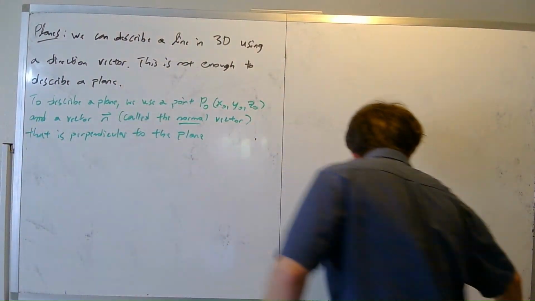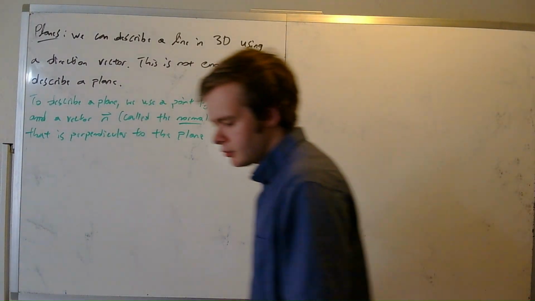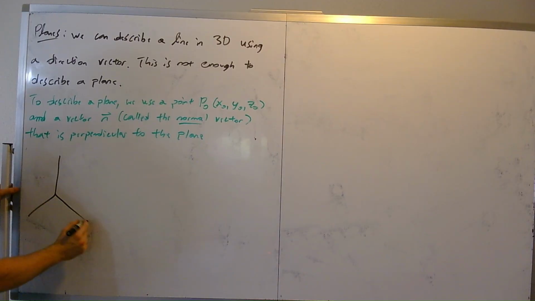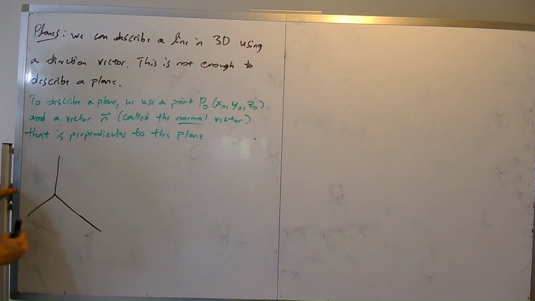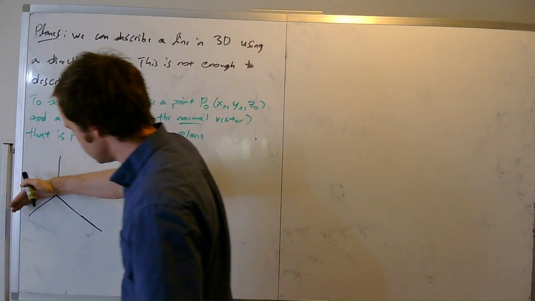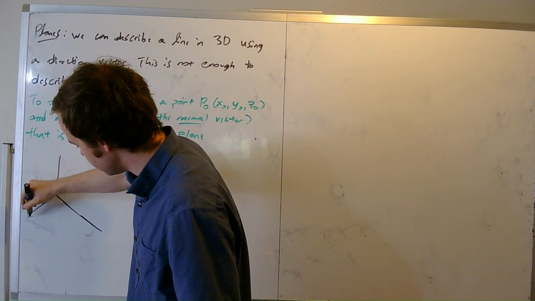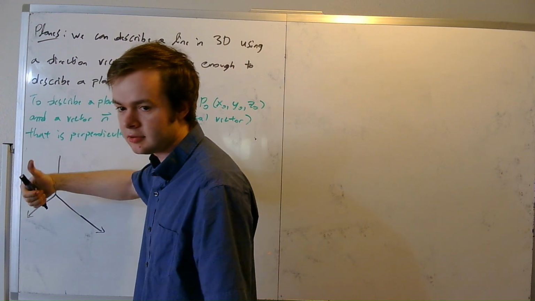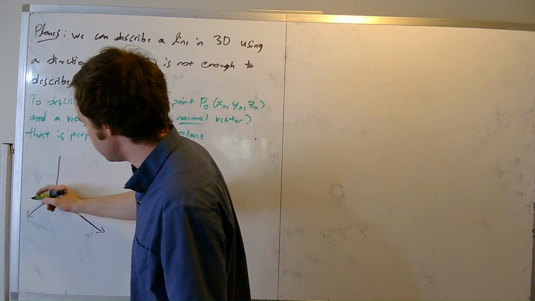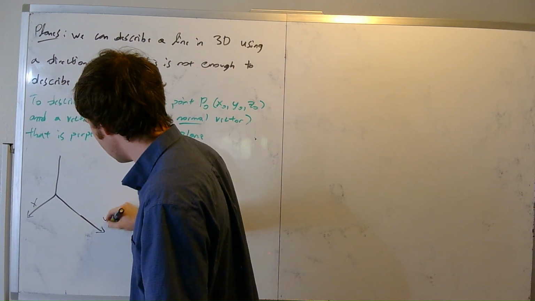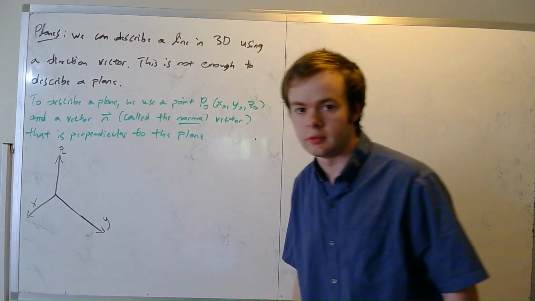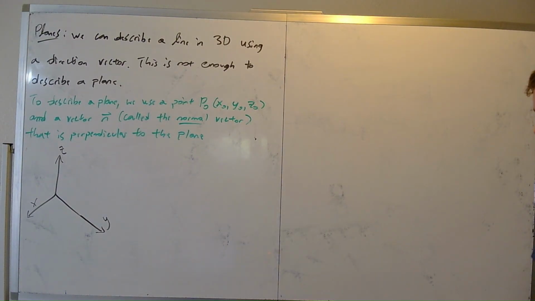Let's draw a picture. And remember, whenever we're drawing our coordinate systems, we need to use the right-hand rule. So if we curve our hand in the direction of x and y, then we should get the z direction. So it should be x, y, and z here. It's actually important that you draw your coordinate system like that.